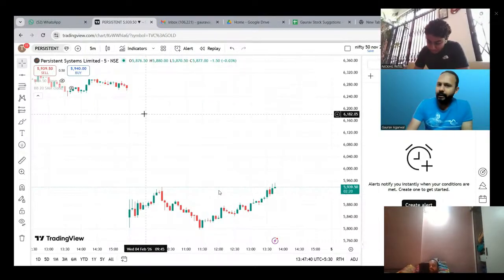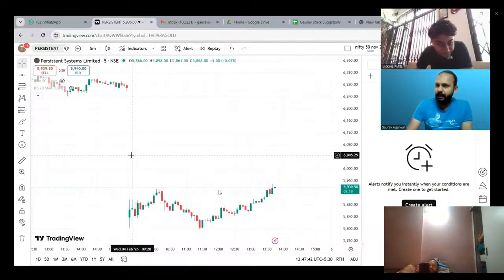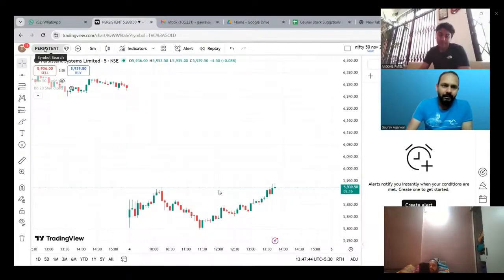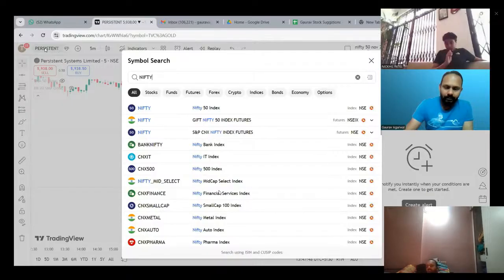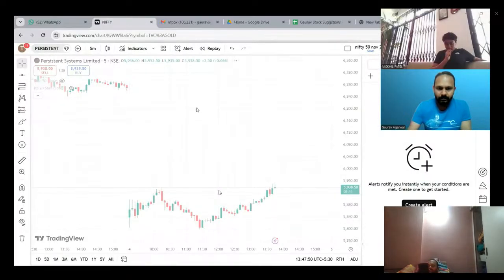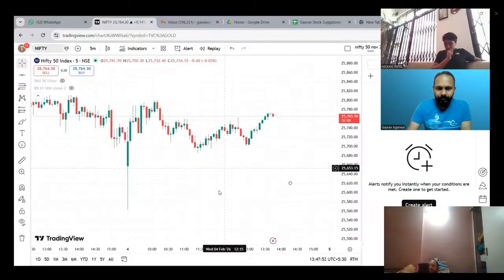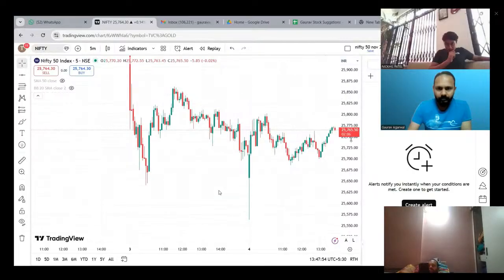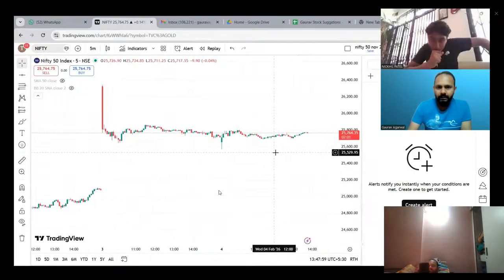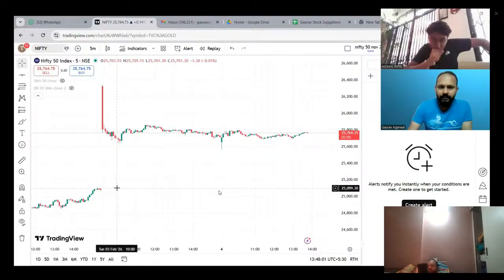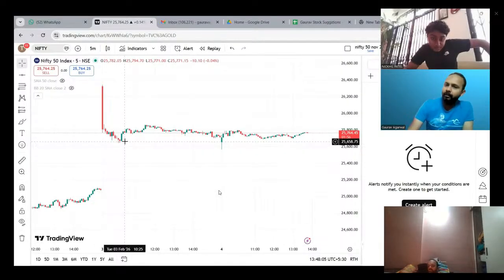Okay, so this is how it works. Gap up and gap down, right? I will show you one gap up also. The gap up of almost 4%.